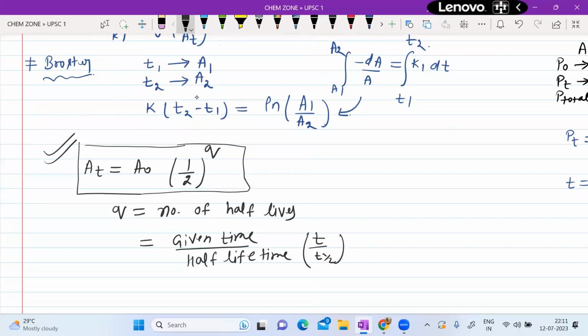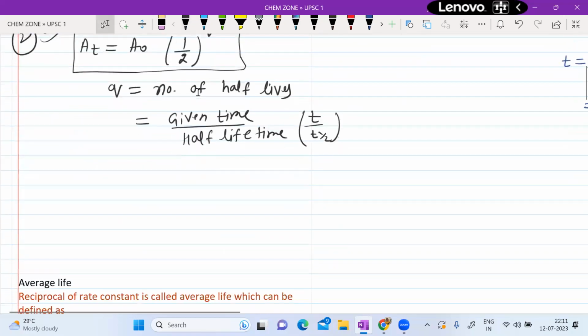It is equal to A naught (1/2) to the power Q. So these are the boosters which we can use during the problems. Although not many problems are asked from this topic, they can be asked in future. So we need to prepare for each and everything. That's why I'm giving these shortcut formulas to you.